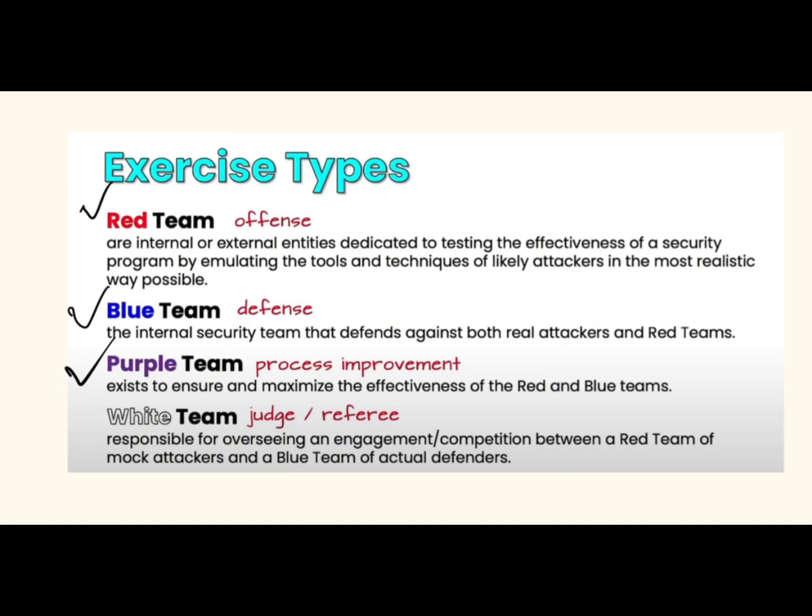They don't do any kind of penetration testing or attack. Their job is not to guard the bank themselves. Instead, they watch what both teams do and help them to improve, right? So they ensure and maximize the effectiveness of the red and blue team. So they coach both teams, right?